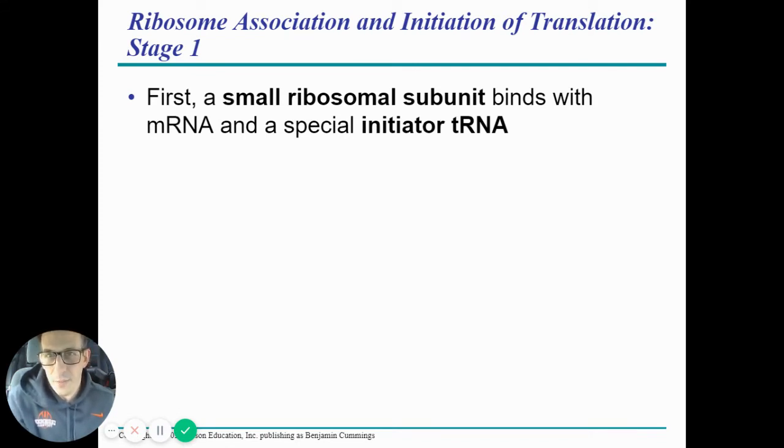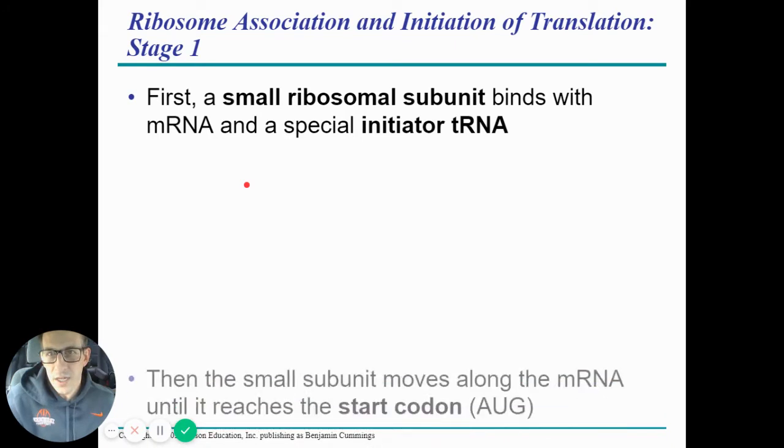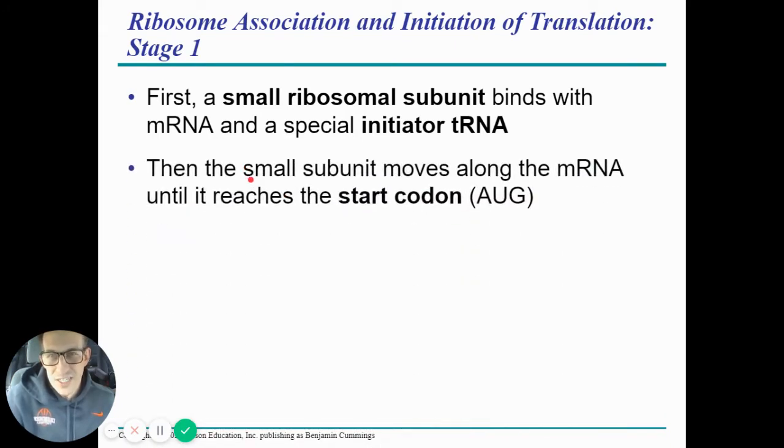So the first thing that has to happen is these 2 things have to associate. So the small ribosomal subunit is going to bind with the mRNA and a special initiator tRNA. You get the tRNA, the mRNA, and the small ribosomal subunit all bound together in a process known as initiation.